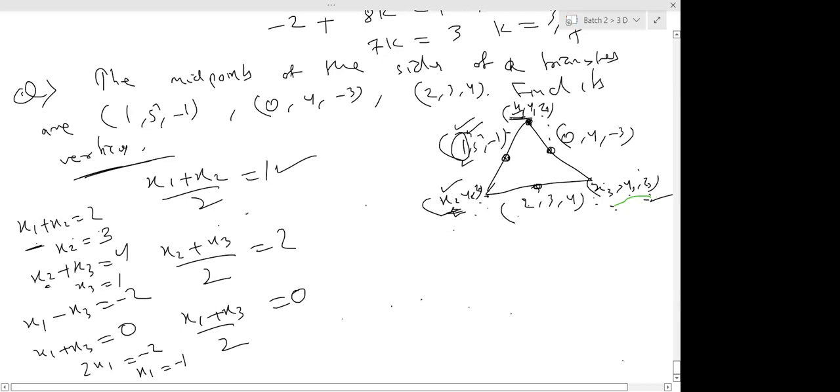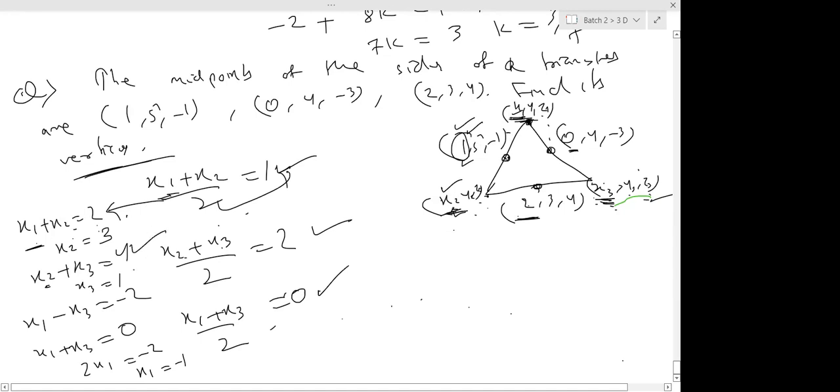Same with x2 plus x3 divided by 2 is 2, and same with x1 plus x3 divided by 2 is equal to 0, because this is the x coordinate. From this, I can write x1 plus x2 is equal to 2, cross multiplying this. From this, I can write x2 plus x3 is equal to 4.